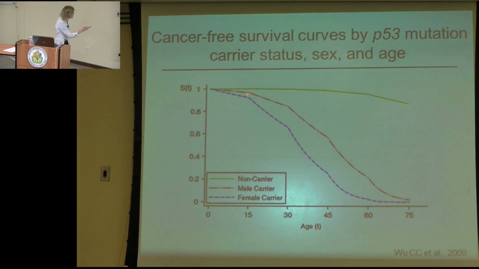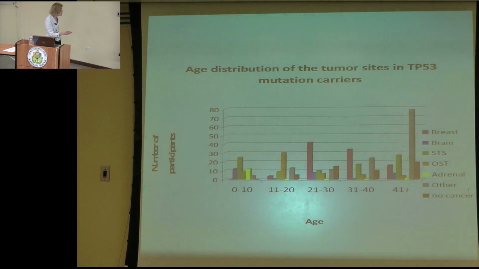You can see that they're not too different here, but the females begin to really drop when you get a little over 20, when we see breast cancer being a dominant tumor. And you see this steep slope here, and it doesn't really become that steep in males until you get a little further along. We can look at this a little bit differently, looking at the tumor types by age.